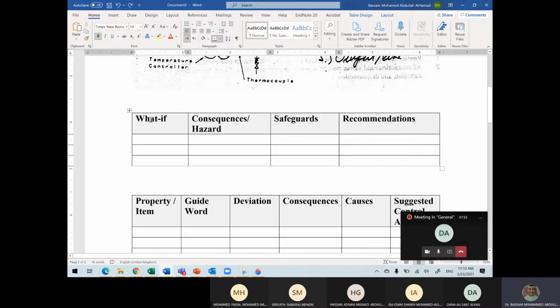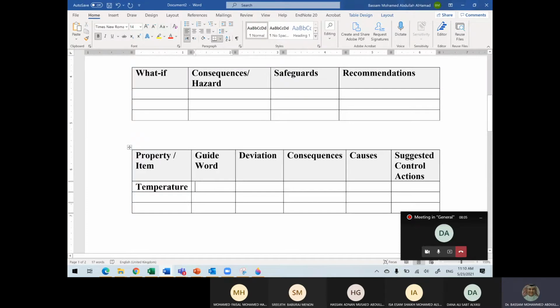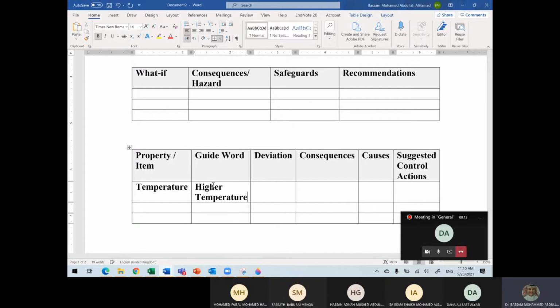So, what if the temperature in the reactor increases? Which means here you're going to write, if it was the details, temperature high or higher, where guide word and deviation mean the same. Deviation means that it is higher in this case.